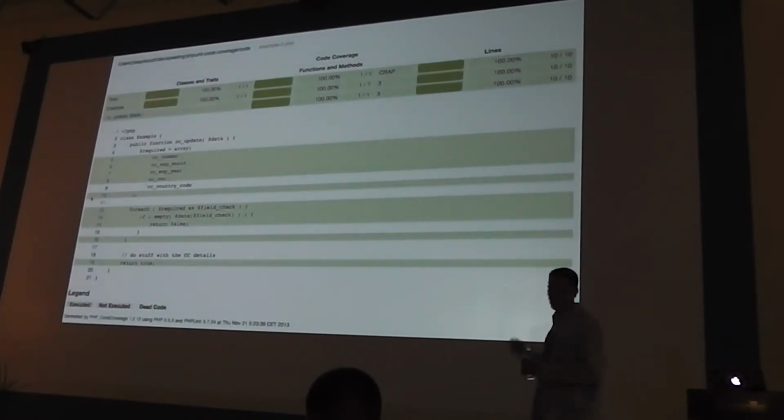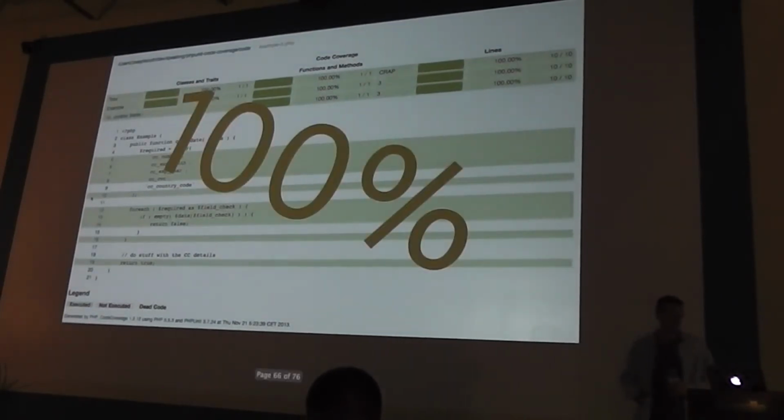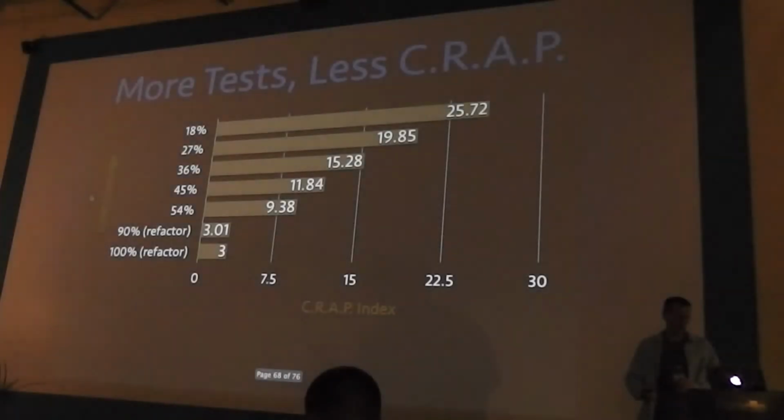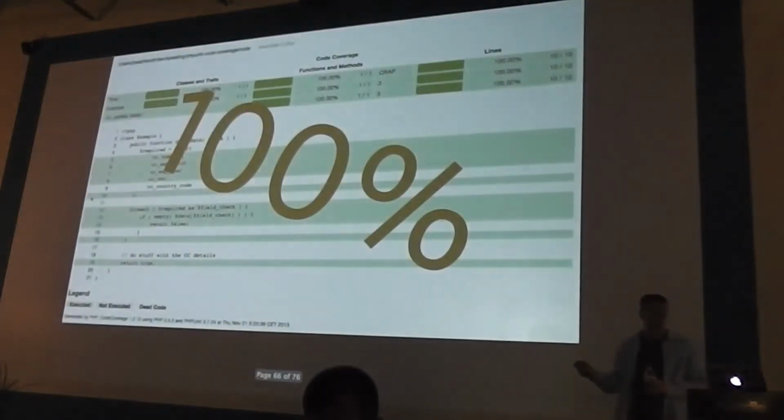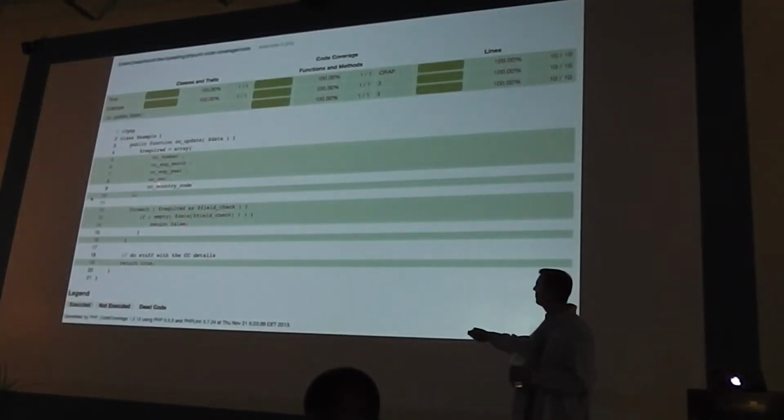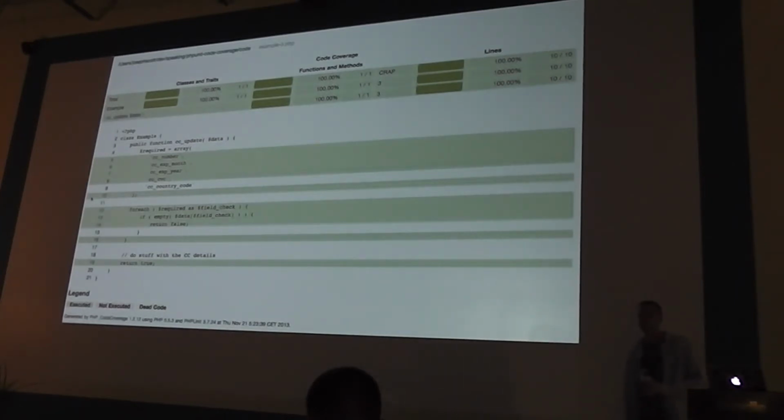Here's a good example of what I'm going to touch on. You'll notice that it doesn't consider that line of code executable. There are a couple of quirks in Xdebug when it marks a line as executable or not. I don't know why exactly it chooses to do that.